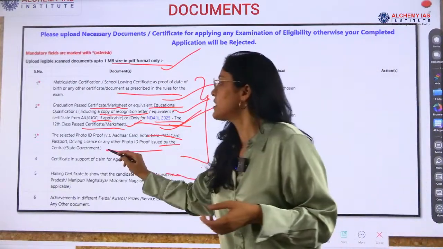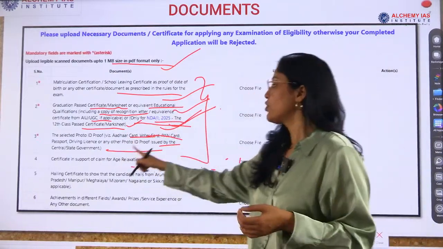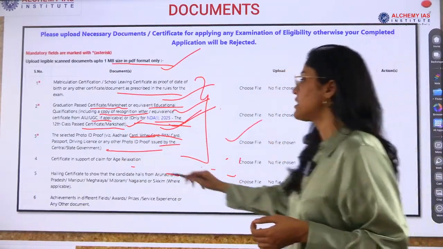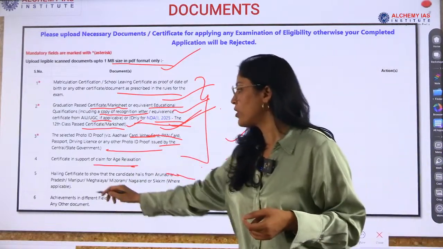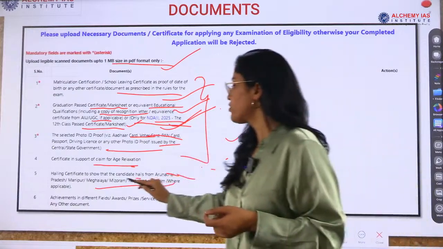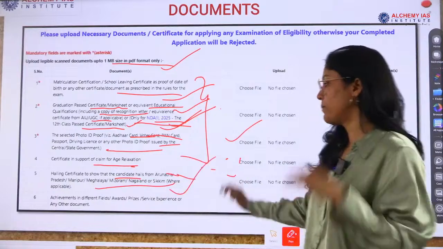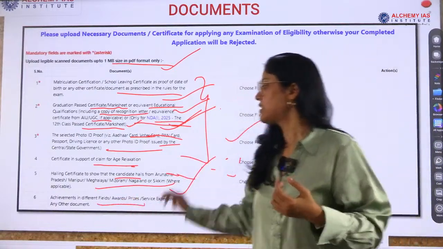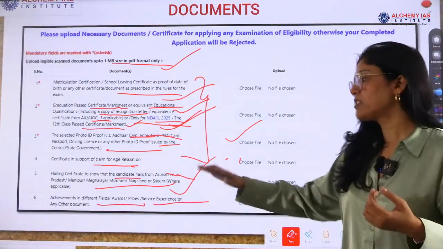Next is the selected photo ID proof. What ID proof have you selected? You have to upload it here also. Next is the certificate in support of a claim for age relaxation, very important, and a hailing certificate to show that you hail from Arunachal Pradesh, Manipur, Meghalaya, Mizoram, Nagaland or Sikkim. Next is achievement in different fields: awards, prizes, services, experience or any other document.